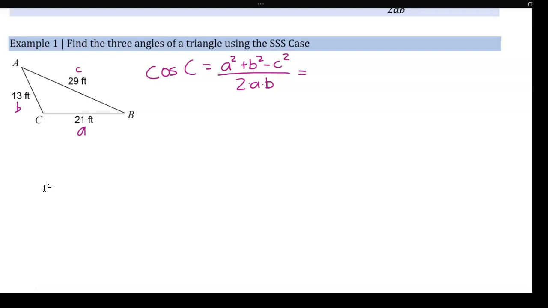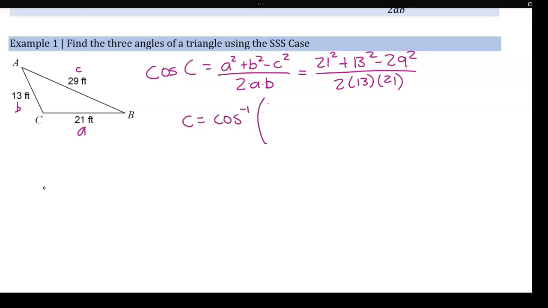If we substitute in the values that we have, that's 21 squared plus 13 squared minus 29 squared divided by 2 times 13 times 21. So we can apply an inverse trig function, so we get C is equal to cosine inverse of 21 squared plus 13 squared minus 29 squared divided by 2 times 13 times 21.